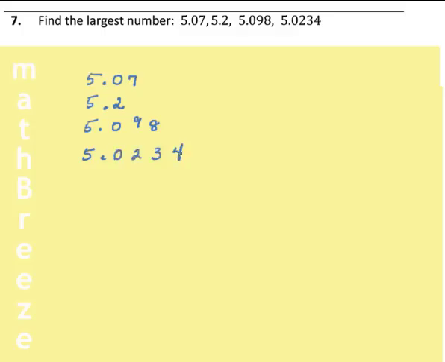And now we're going to write a line by filling in with zeros. Now, this time we want the largest number, so ignoring the decimal places, which one of these numbers is the largest? If we ignore the decimal places, this number is 52,000, and that would be the largest. So the largest number is 5.2.